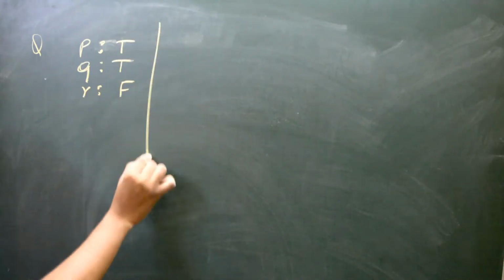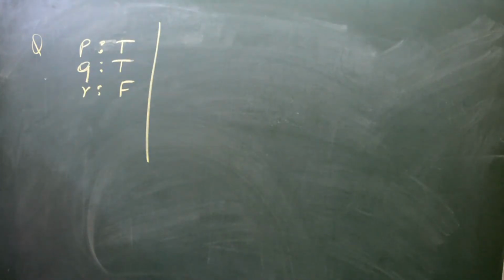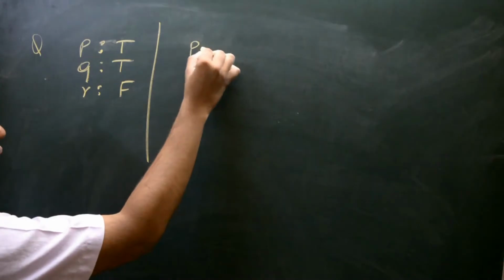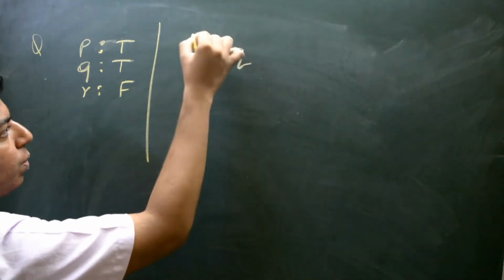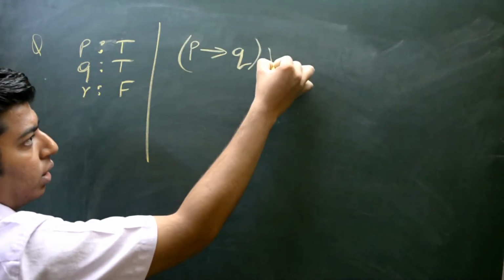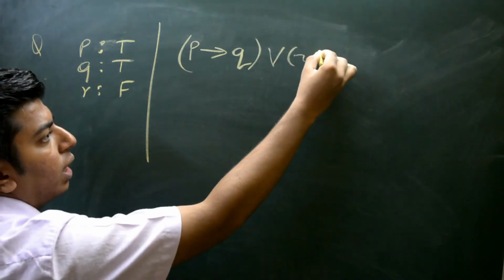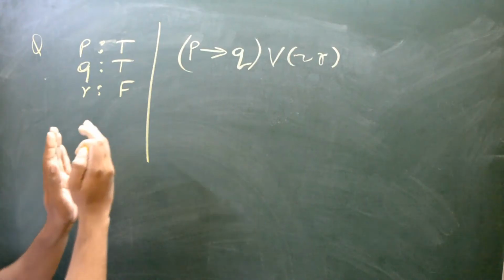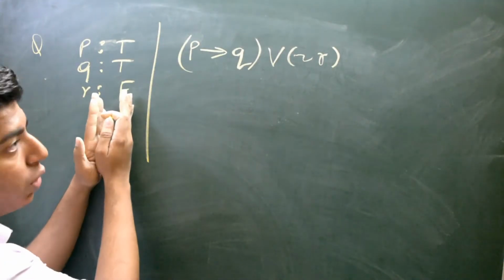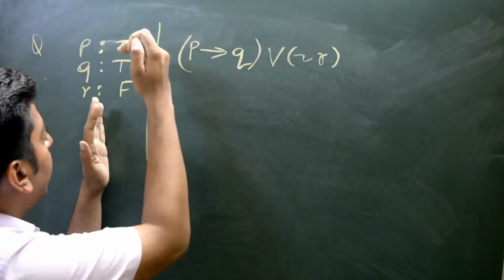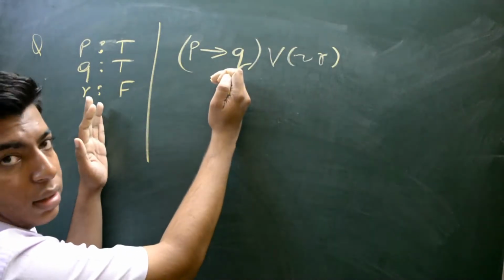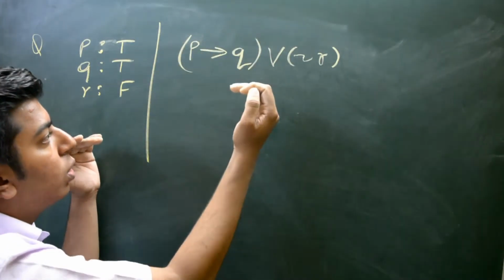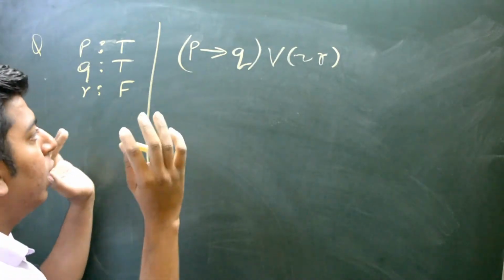Then find the truth value for P implies Q disjunction with negation R. So you have to put these values of P, Q, R in this and obtain the truth value.